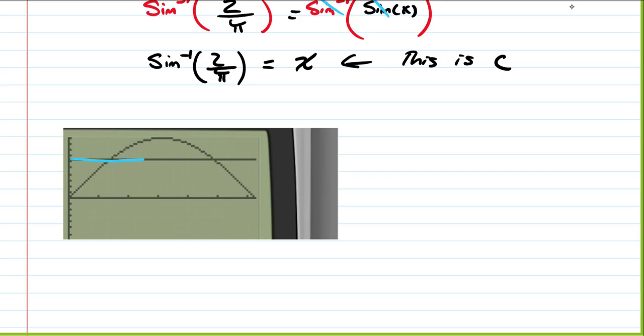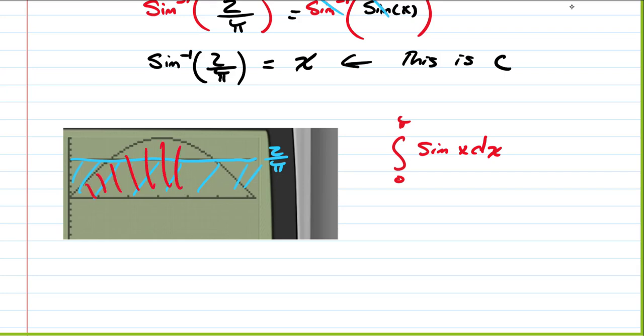So if this is 2 over pi, we have the area of that rectangle, and we also have the area underneath the curve from 0 to pi of sine x dx, which would be this area.